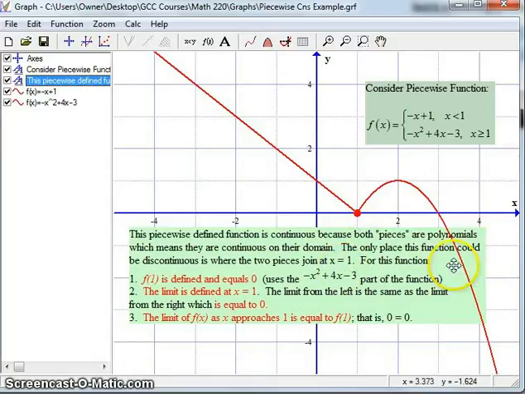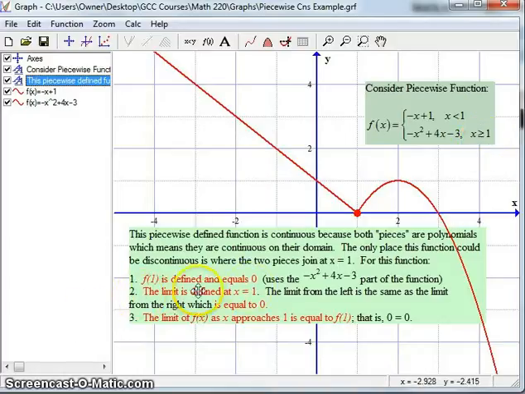So for this function, if we're using the definition of continuity, then the first part of continuity is that at 1 the function is defined, and our function is defined at 1. That's the second piece, is where it's defined at 1, and it actually equals 0.